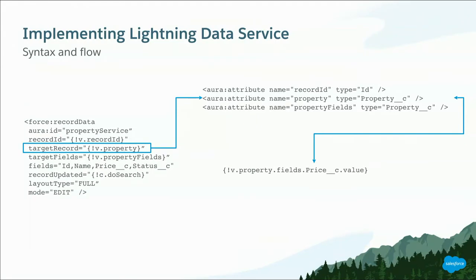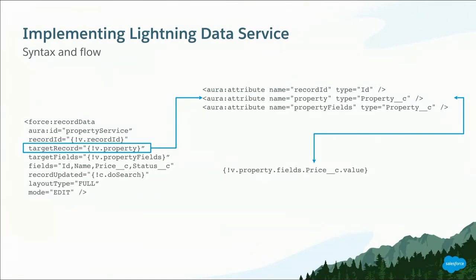All right. How many of you are lazy? It's okay, I'm raising my hand. As a developer, anybody developer here? That is the absolute definition of lazy. We want to get things done as fast as possible, and I don't know about you, but typing curly bracket bang v dot property dot fields dot price underscore underscore c dot value curly bracket is too much typing.